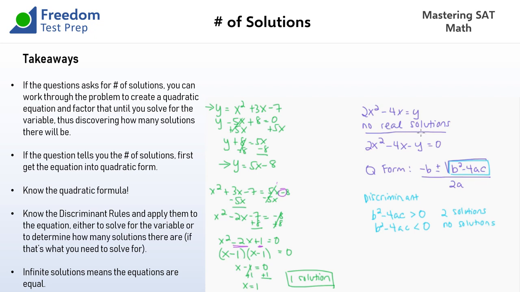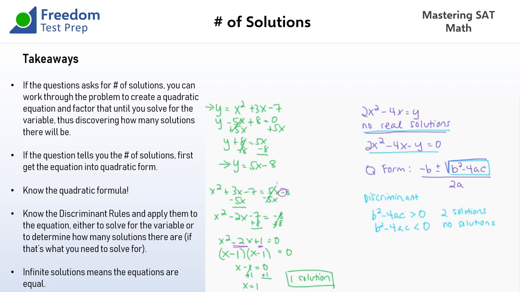Now, if we go back up here, they already told us there are no real solutions. So we know that if we put the appropriate numbers into the discriminant, it's going to be negative. So right away, if we look at our answer choices, we don't have any answer choices, but we could cross out any positive answer choices. But let me take you through this problem.